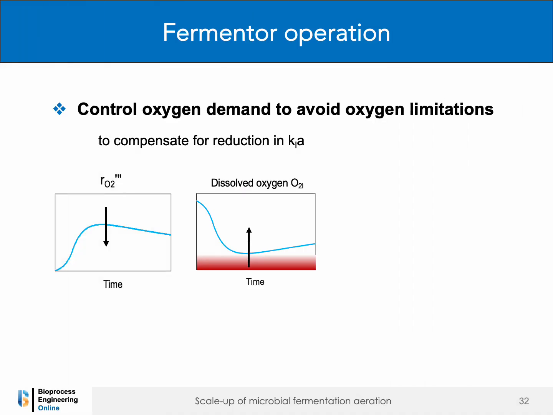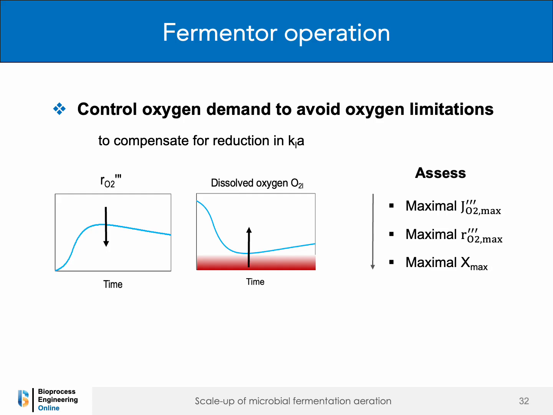Because the volumetric oxygen transfer coefficient KLA generally decreases with scale, leading to lower dissolved oxygen concentrations, the recommended scale-up strategy is to adapt fermentation operation so as to avoid critically low dissolved oxygen levels that would result in oxygen limitation. To prevent oxygen limitation during fermenter scale-up, the following engineering guidelines can be formulated by controlling cellular activity throughout the fermentation.